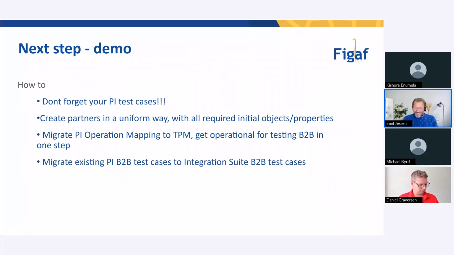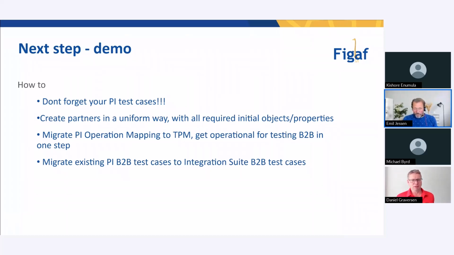We will go through how you can create partners in a uniform way with all the required objects and properties. And why is this important? Because you also have to look at what our plans are. Do we want to migrate 100, 1,000 partners? What is the naming of the different objects we're going to use? And eventually, how is this going to move to production? That's a whole story in itself.